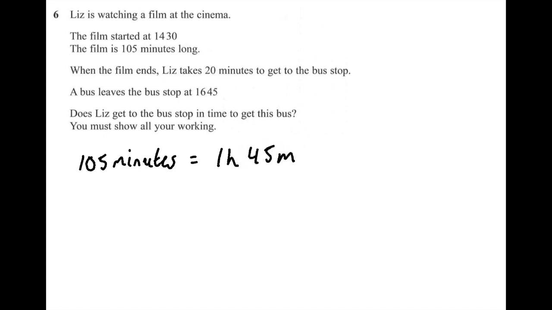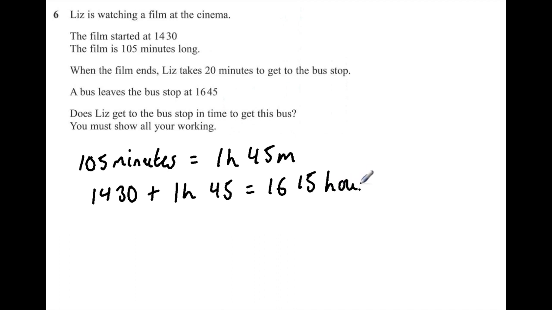I'm then going to add 1 hour and 45 minutes to the time the film starts, 14:30 hours, to see when it ends. So 14:30 hours plus 1 hour and 45 minutes equals 16:15 hours. So the film ends at 16:15 hours.